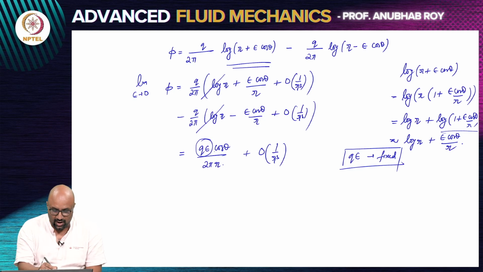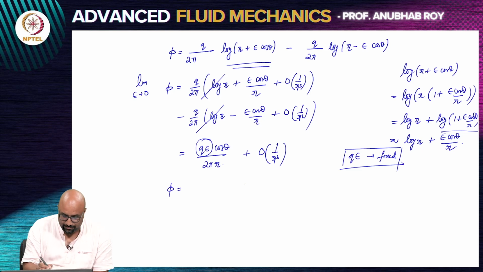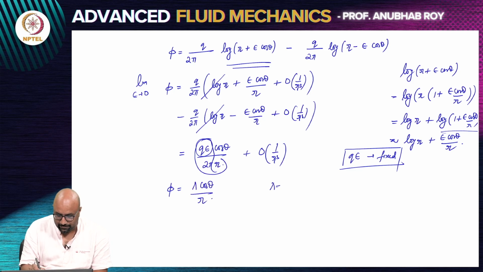So, when q times epsilon is held fixed, and I define q epsilon by 2 pi as a constant lambda, then the potential will be lambda cos theta by r. So, this is held fixed.